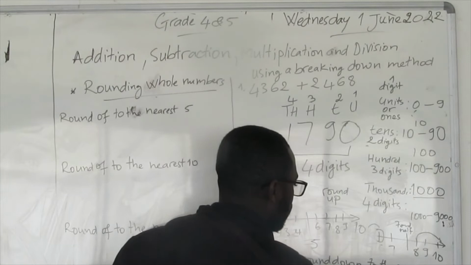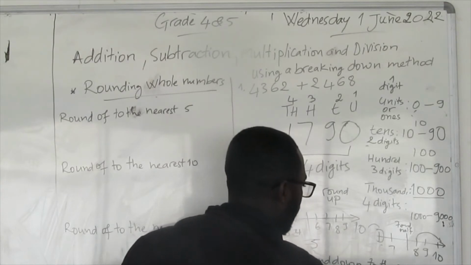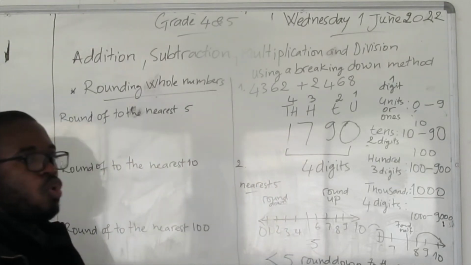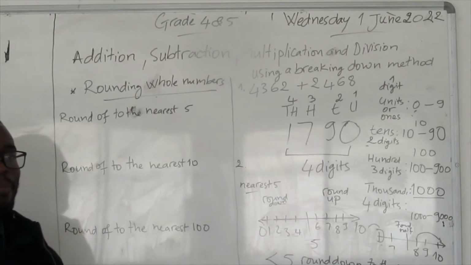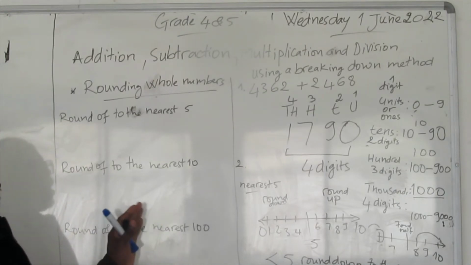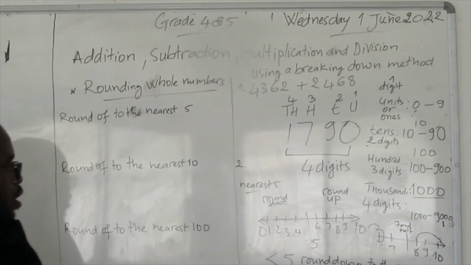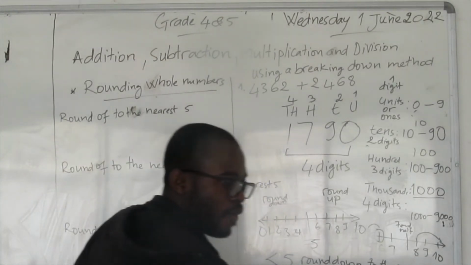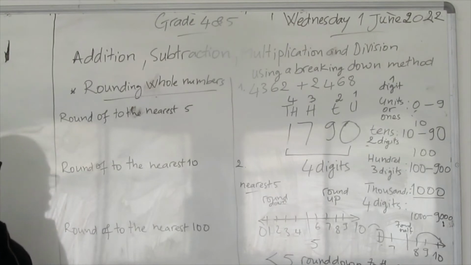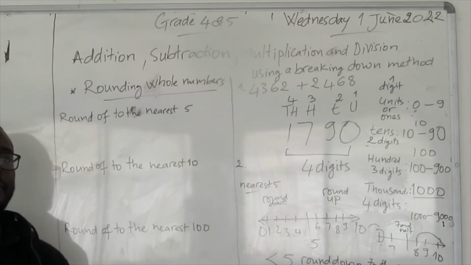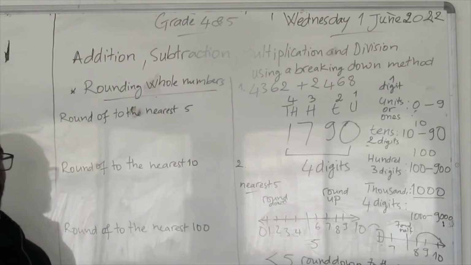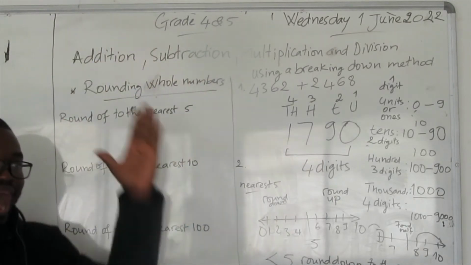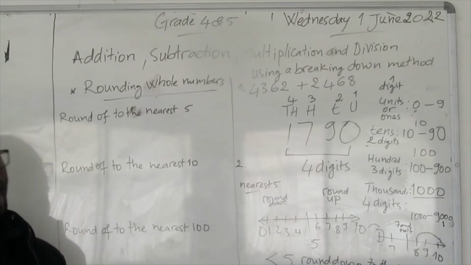So you only have 2 rules to apply with the rounding off. Either you round down or you round up. It depends on what your number is. If your number is in the middle or half, you round up.